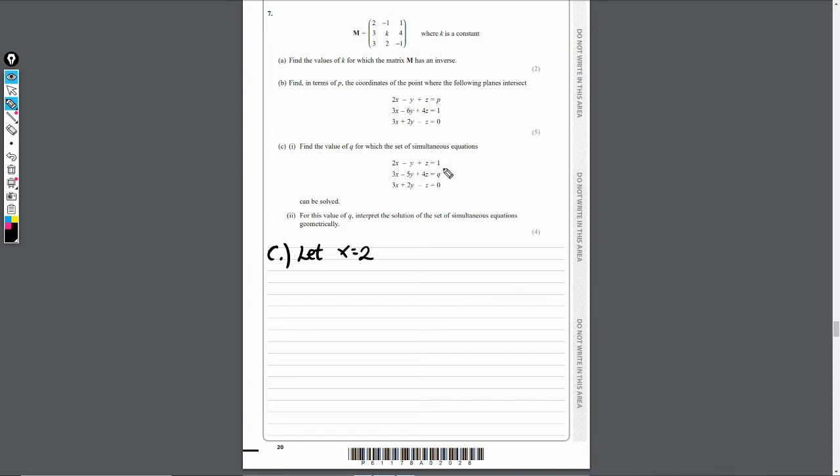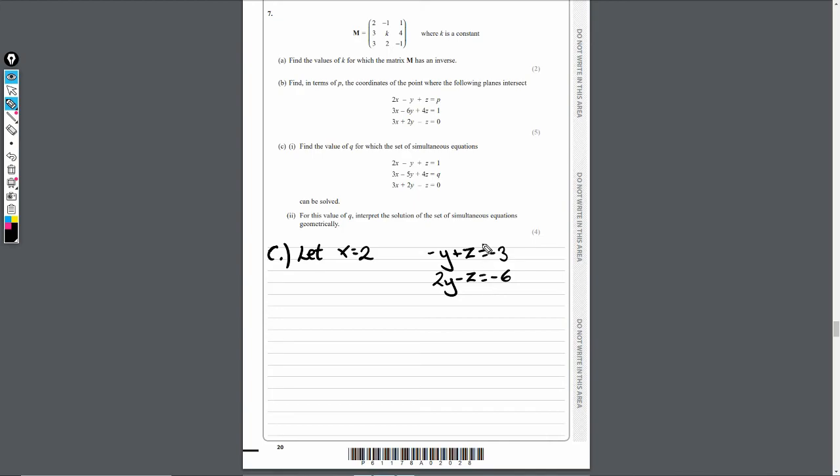I'm going to subtract it off this side. So 1 minus 4 is minus 3. So I'm going to get minus y plus z is equal to minus 3. Okay, that's the first equation. Subbing it into here now. 3 times 2 gives me 6. And I'm going to do 0 minus 6. So I'm going to get 2y minus z is equal to minus 6.